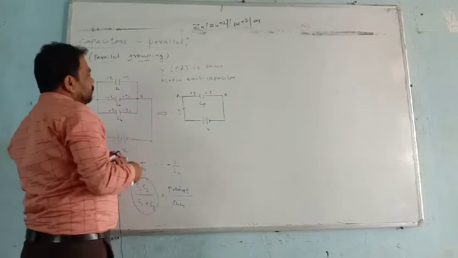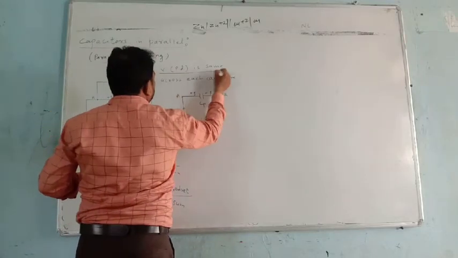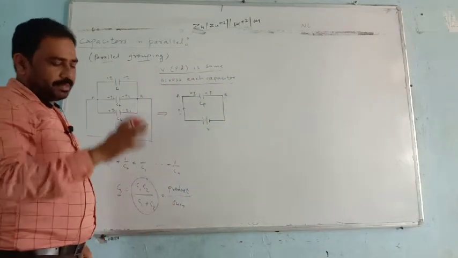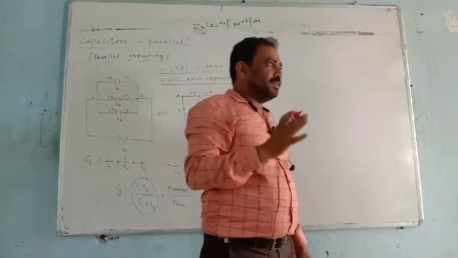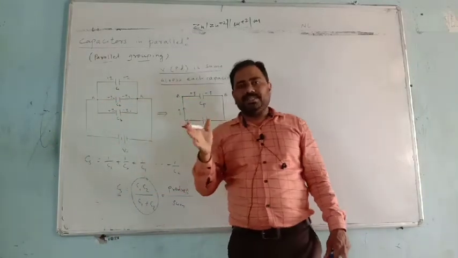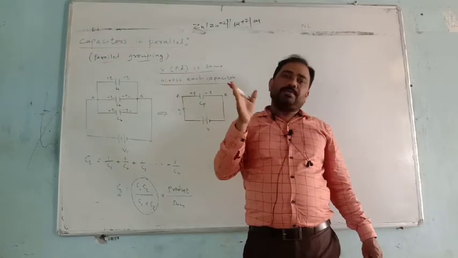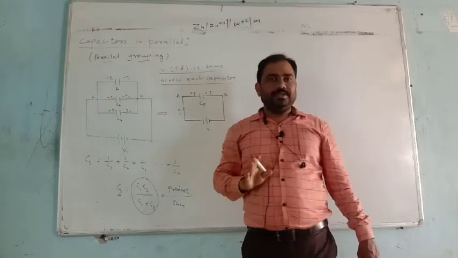This is the most important point, and you should memorize this: the potential difference is the same across each capacitor. Whatever capacitors are there, C1 C2 C3 C4 up to Cn, the potential difference must be the same, that is V.